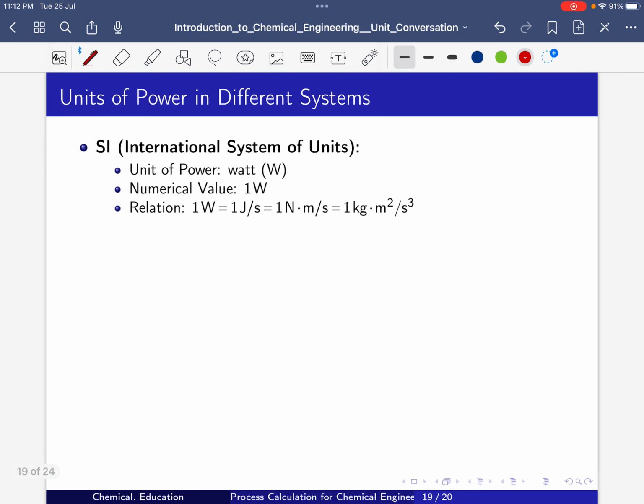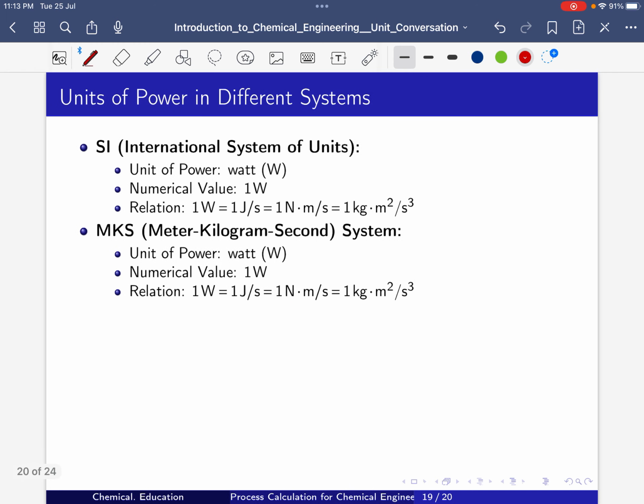Now units of power in the systems. The unit of power is the watt. Power means work per time, so joule per second. So watt is equal to joule per second, and 1 joule is a newton meter, so per second that is 1 kg meter square per second cube.